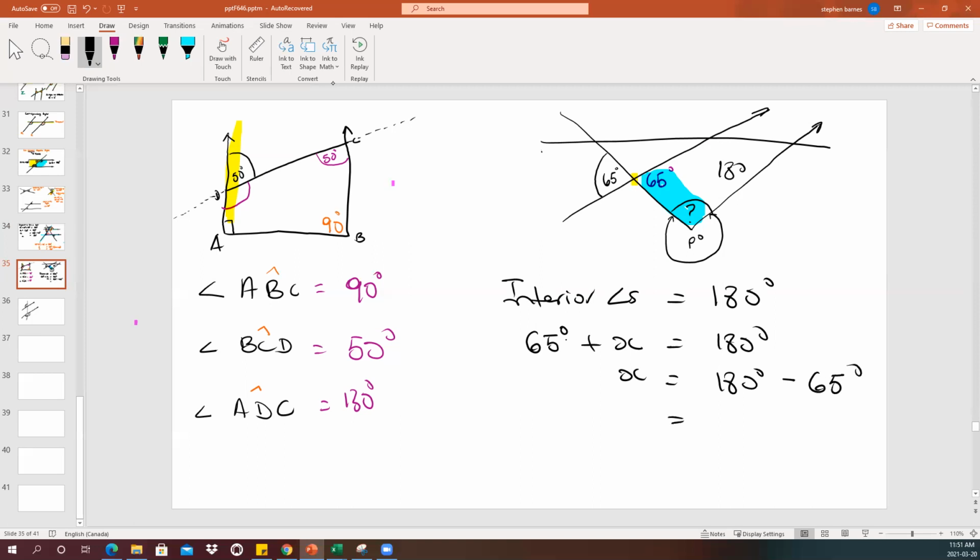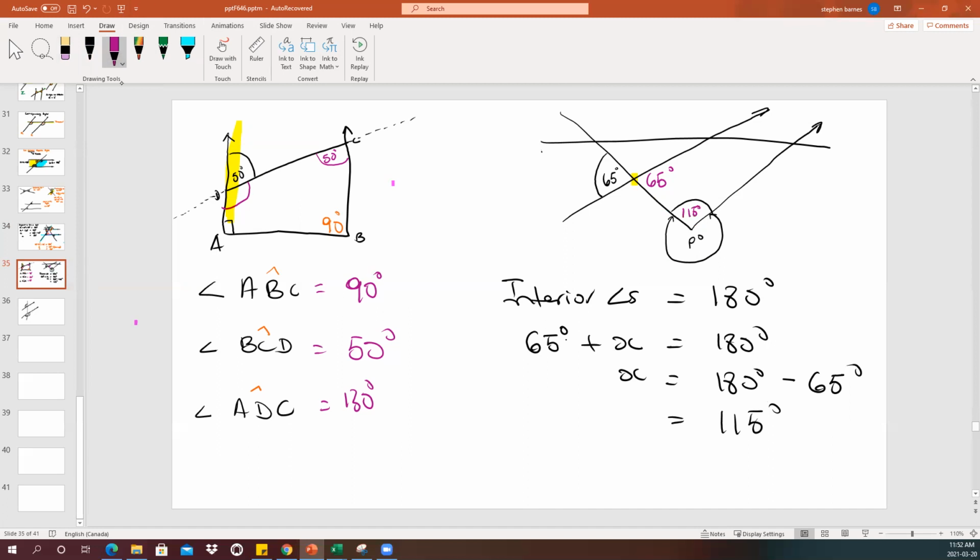What does that give us now? That looks like 125 or something. 115. 115 degrees. So this mystery angle right here is equal to 115. I'm going to just put it in.